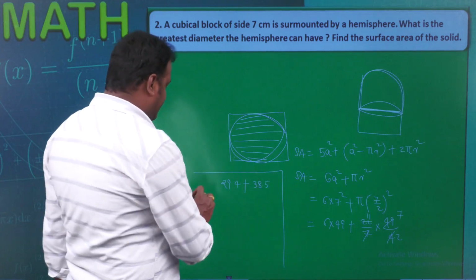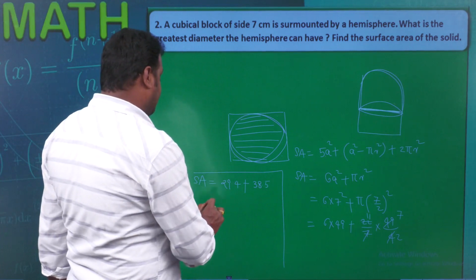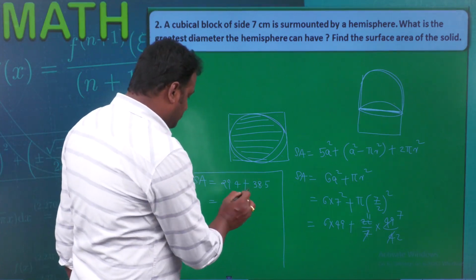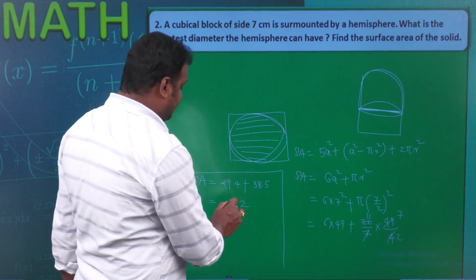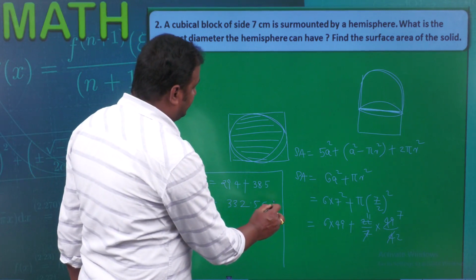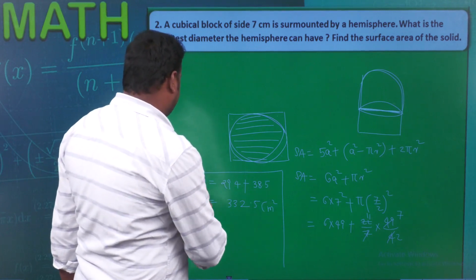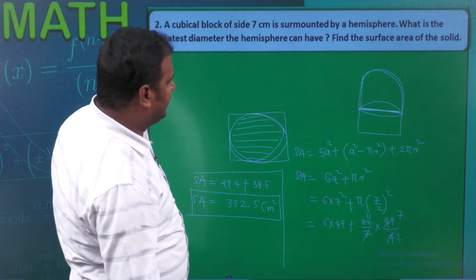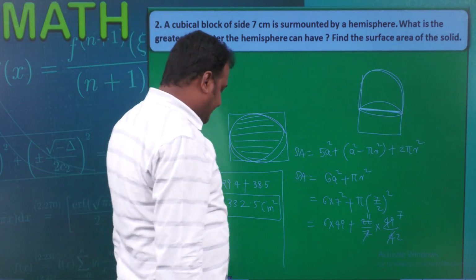So totally the resulting surface area is going to be 294 plus 38.5, which is 332.5 centimeter square, the resulting surface area of the solid so obtained. So this way we can answer the problem easily.